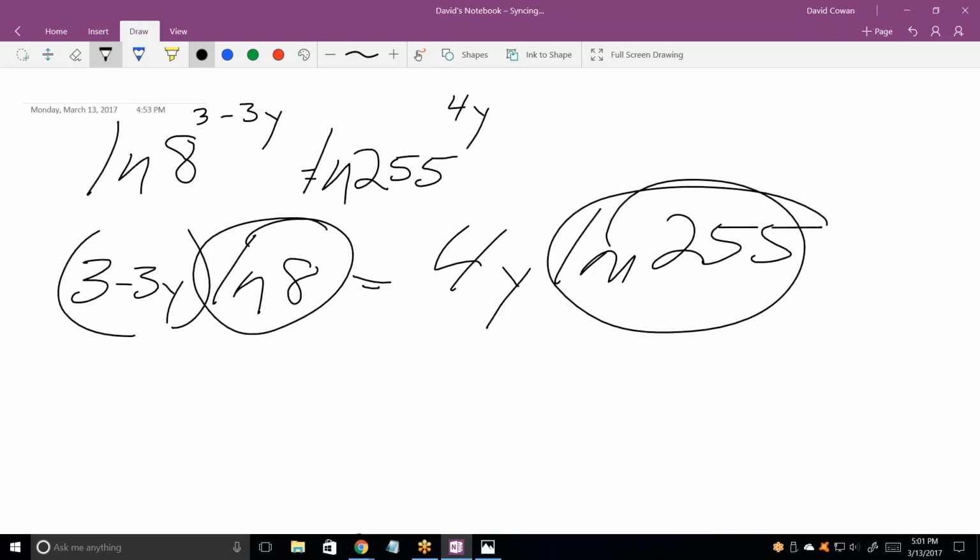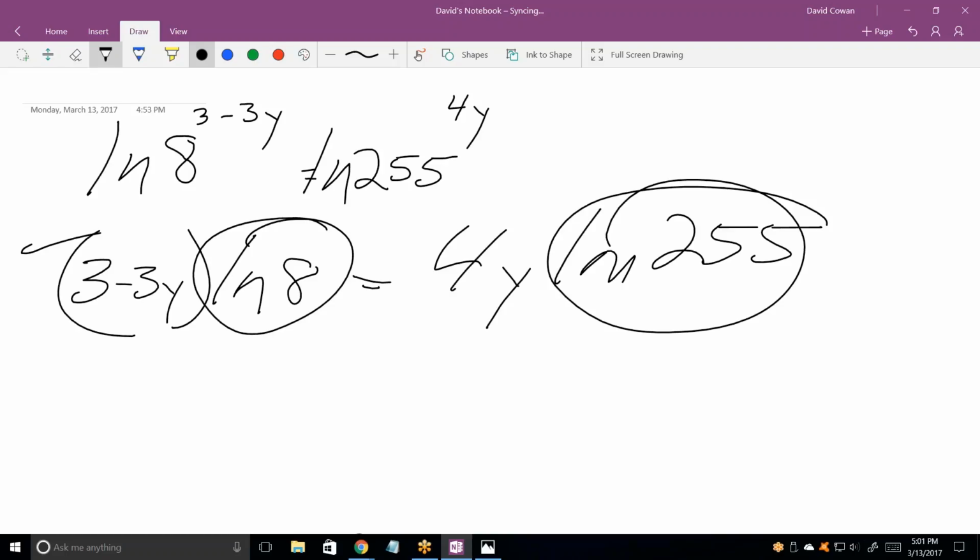So I only have one variable, y. I would have to distribute the natural log of 8 to both terms, and I would have to distribute the 4y to this, and then I would gather all my y's together, factor out a y, and solve for y. So I can do these problems 100% of the time using logs.